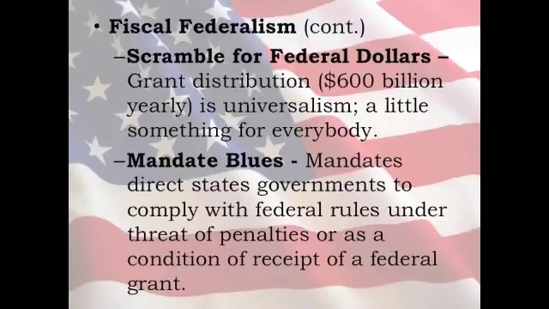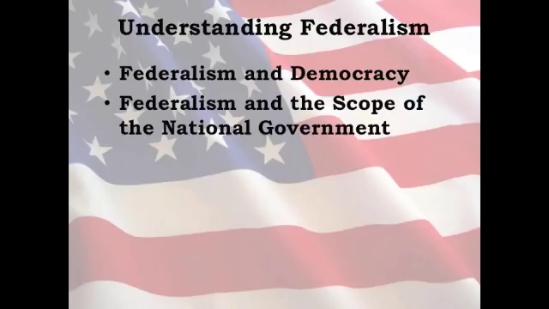In addition, federal courts create unfunded mandates for states regarding school segregation, prison construction, and other policies. In 1995, Congress passed a law that will make it more difficult for Congress to impose new unfunded mandates.